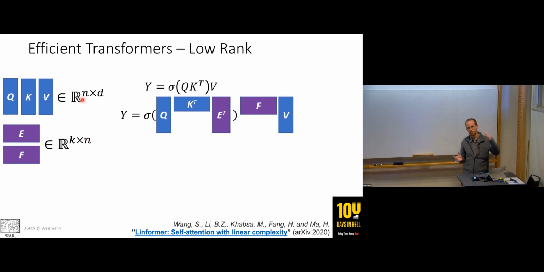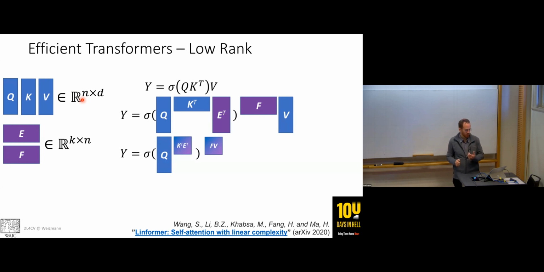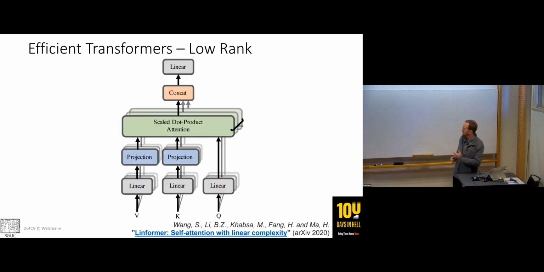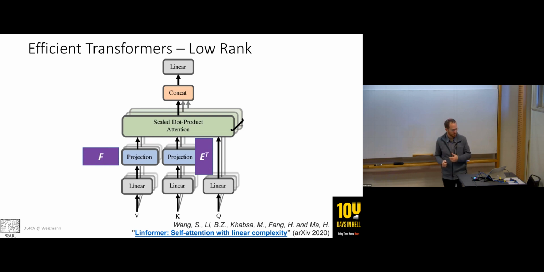What it does is project an n-length sequence to K representative tokens and compute the attention only in this K-dimensional space. So we have only n times K, which is smaller than n squared. If we look at the scheme of a multi-head self-attention, it amounts to learning these E and F projection matrices in the process. And if K is sufficiently small and fixed, this complexity turns to O of n.